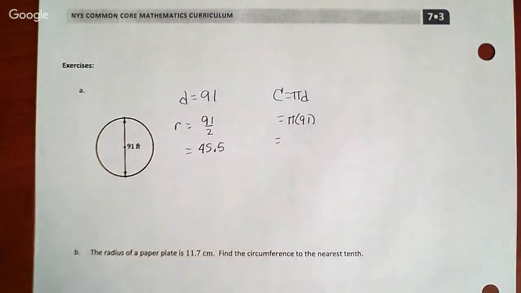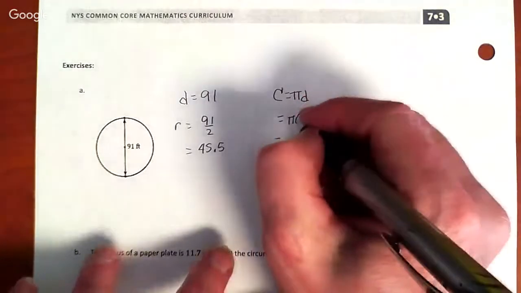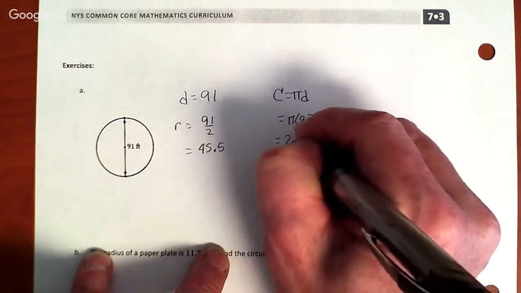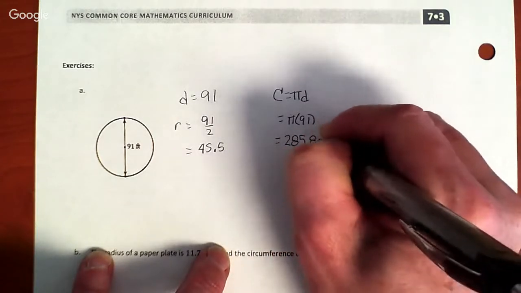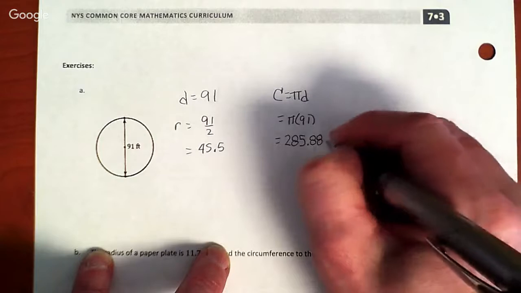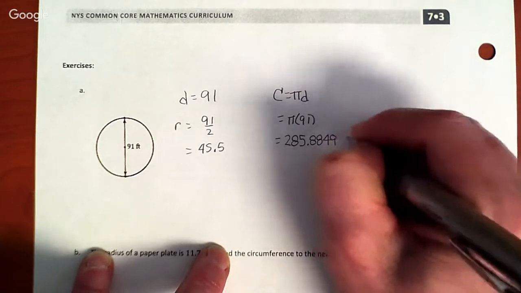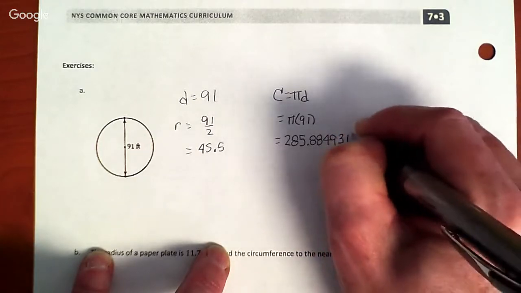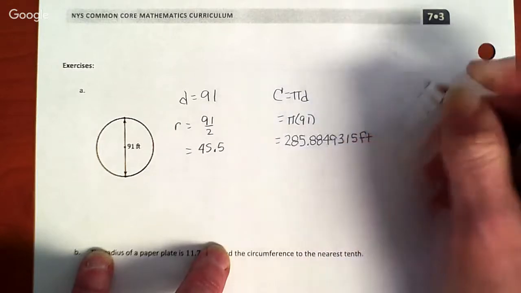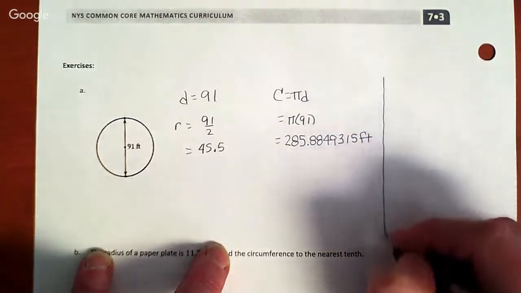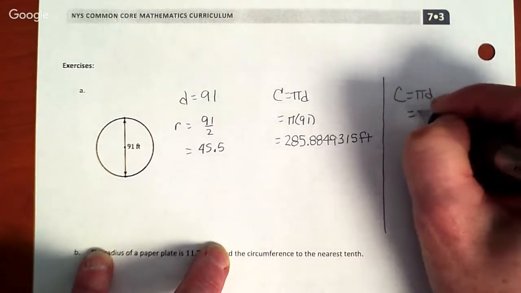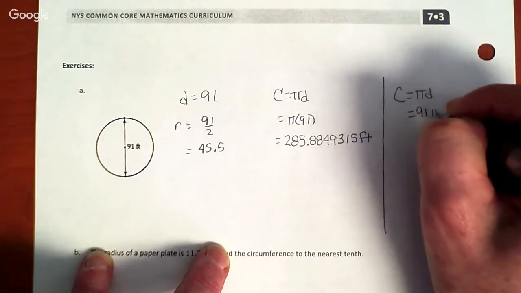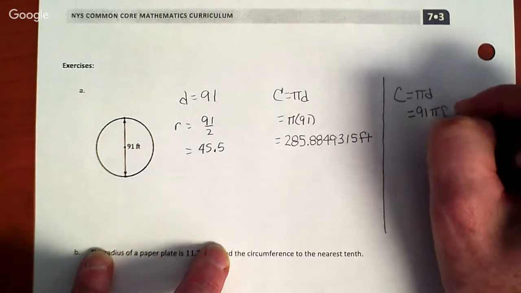And that is going to equal for us, if we put it in the calculator, 285.8849315 feet. Leave it in terms of pi. We just put 91 pi and then feet.